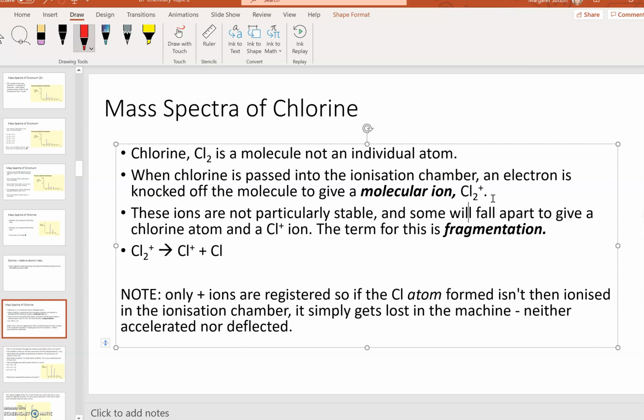And if you had a chlorine 35 and a chlorine 37, you'd see a mass of 72. So this ionized molecule would actually produce 3 different masses. Then it could split again, and you could produce the 2 fragments for chlorine, one of them 35 and one of them 37.